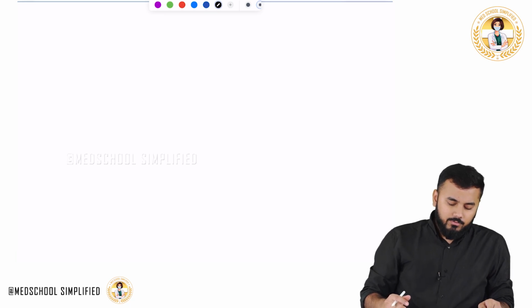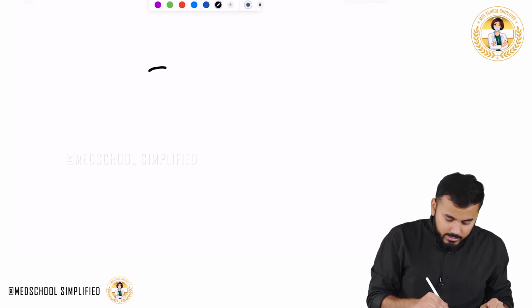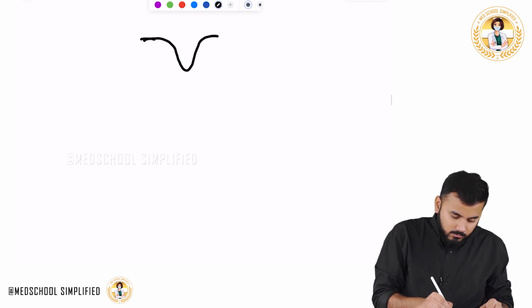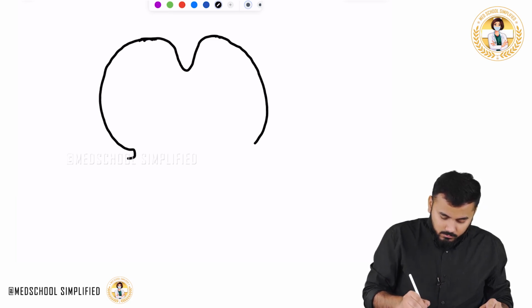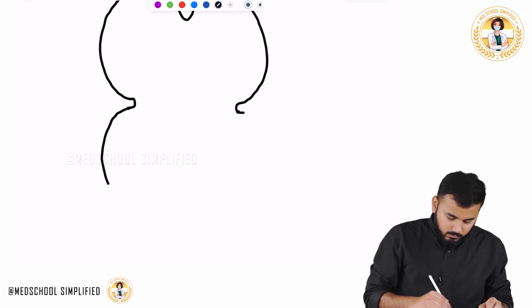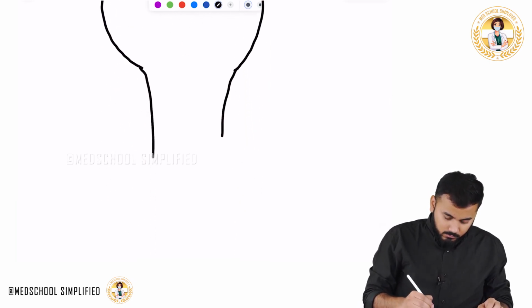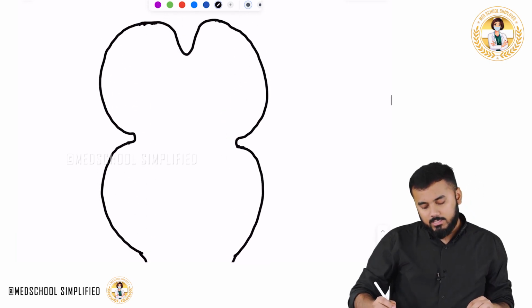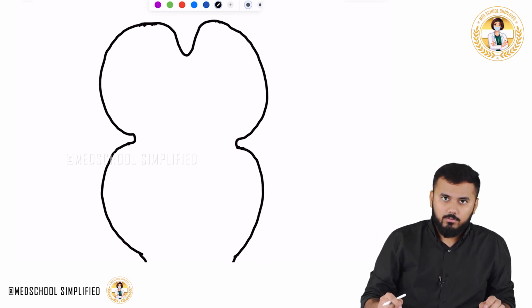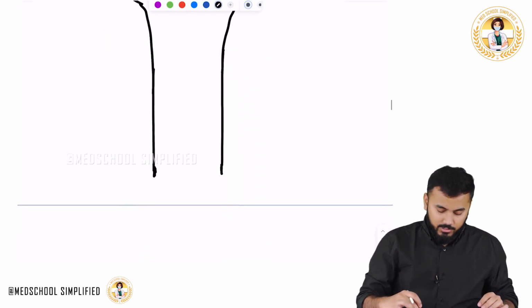Okay, so first of all let me draw the structure of the brain and then we shall discuss all these things. Right, so this is just a rough picture of the surface of the brain, and these are your cerebral hemispheres over here.